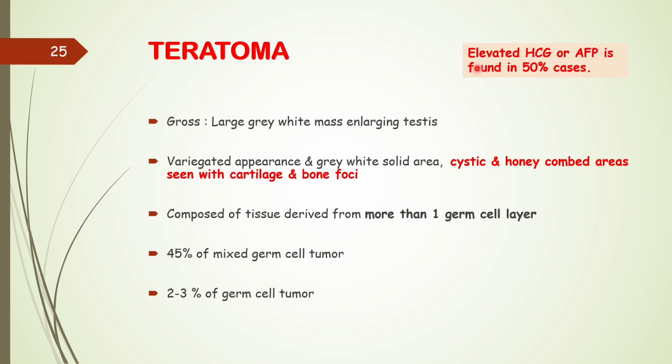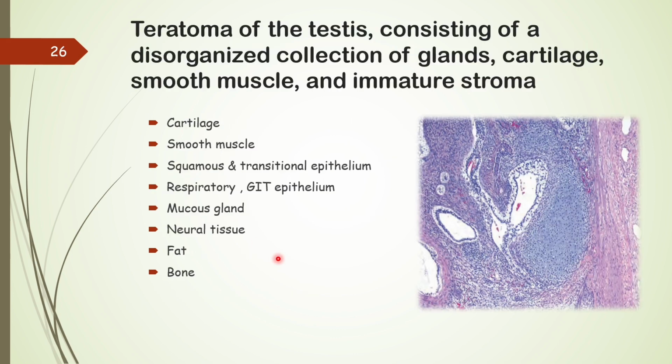These are the tumor markers. Tumor markers are substances that are released into the blood from a particular tumor, so they can be investigated from blood. 45% of mixed germ cell tumors are composed of teratoma. So this is the teratoma. It contains intestinal epithelium, here cartilage. So it contains a variety of tissue.